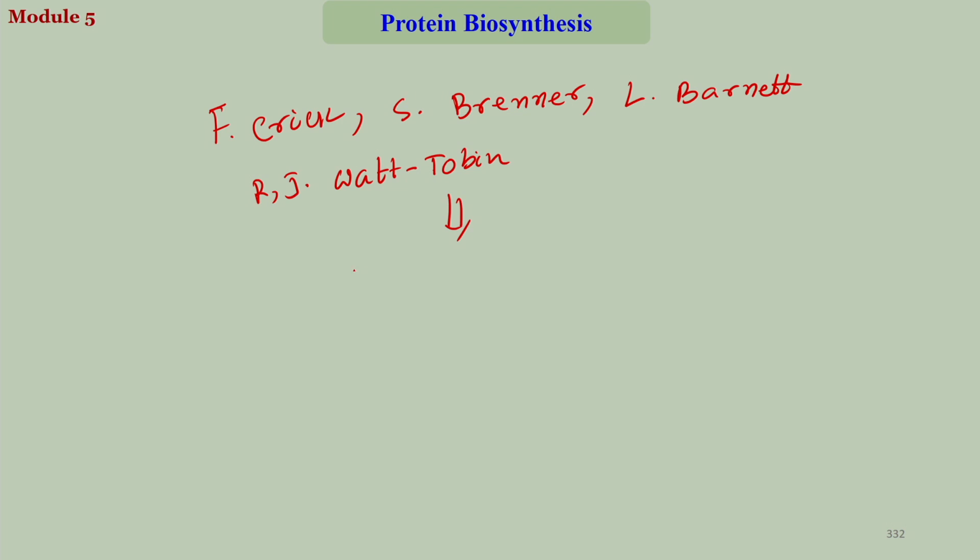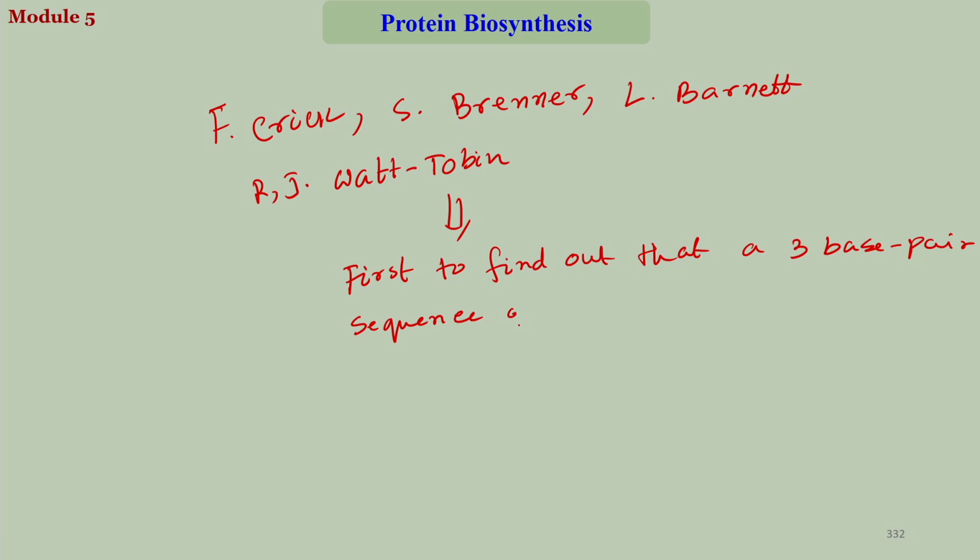So, they are the first to find out that a 3 base pair sequence of RNA would express an amino acid. How had they found out?